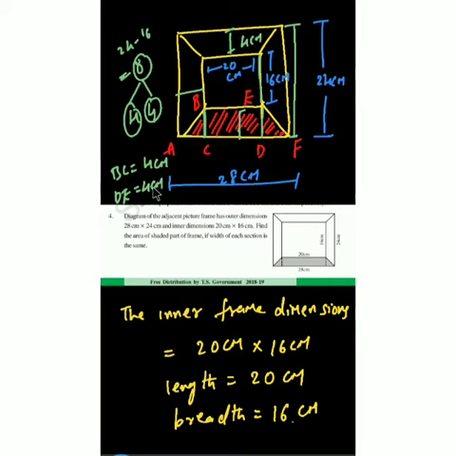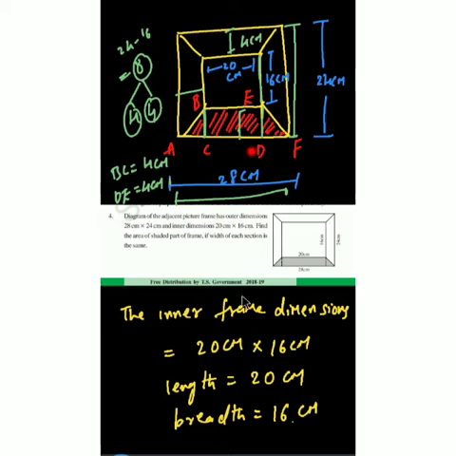As per that, DE is also 4 centimeters. Similarly, from here to here it is 28, so AF is 28. The CD is 20. This also needs to be made into two equal parts.